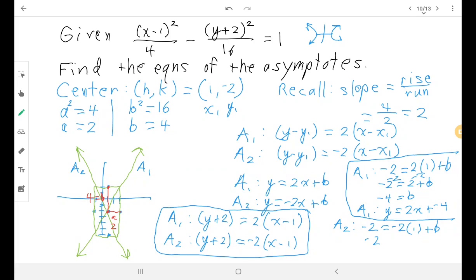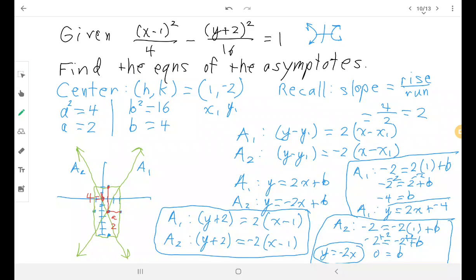So that's -2 equals -2 plus b. Add 2 to both sides, and we get that 0 equals b. So we get an equation of y equals -2x plus 0, or just -2x.